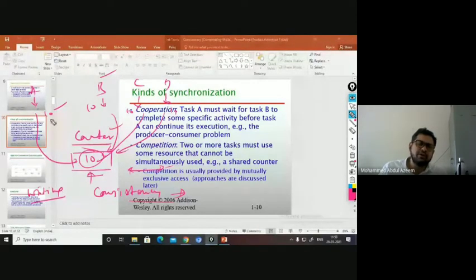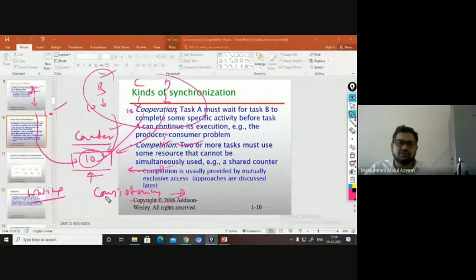Reading can allow multiple processes to access at the same time. But for a writing operation, you can allow only one process at a time. It means you prevent the other processes from accessing while one is writing. This kind of synchronization is computation synchronization. Fine. So these are the two different types of synchronization.